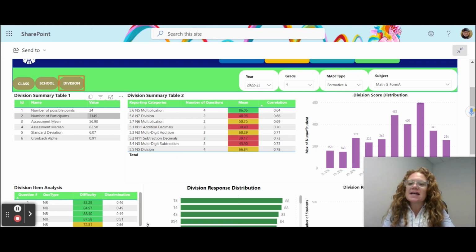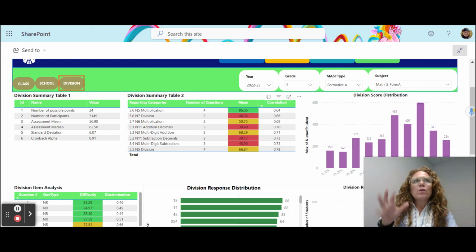Then it provides us with the assessment mean and the assessment median. All right, gives us standard deviation, and it gives us our alpha as well, which is really just that internal validity and reliability score.